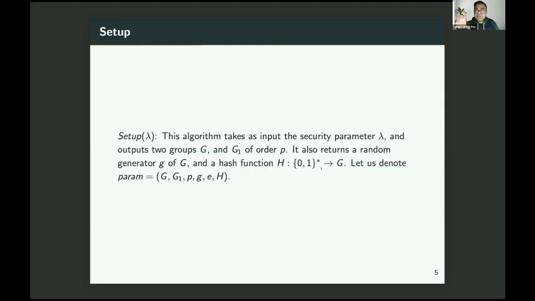This takes lambda as the security parameter, which in our case was a parameter of the length of 1024 bit, and it will deliver the following components: two groups, G and G1, P is the prime number, small g being the generator of the group, and e is the bilinear pairing, and H is the mapping, which maps any text to the group element.